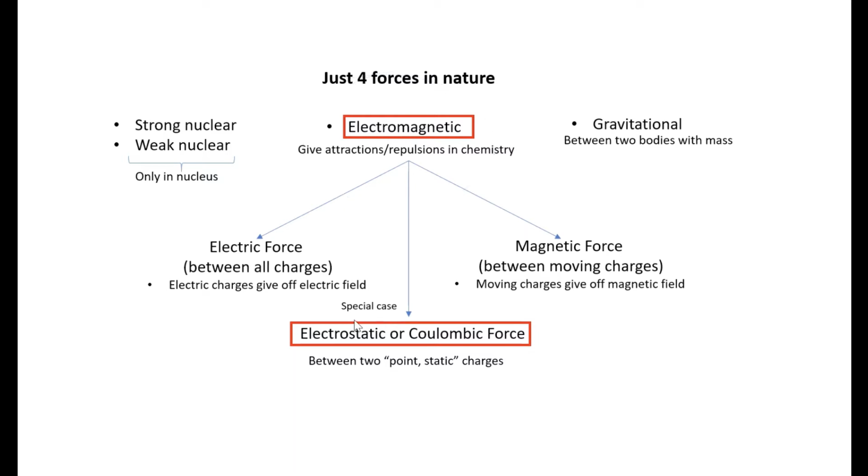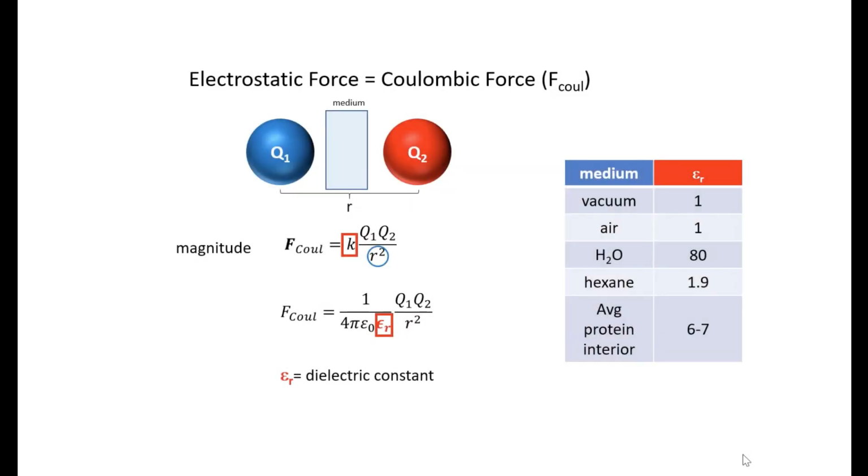These coalesce into one force called the electromagnetic force. We're going to concentrate on one special case of the electromagnetic force, the electrostatic or Coulombic force, which is the force of attraction and repulsion between point static charges. The magnitude of the force between 2 charged particles is given by Coulomb's law.